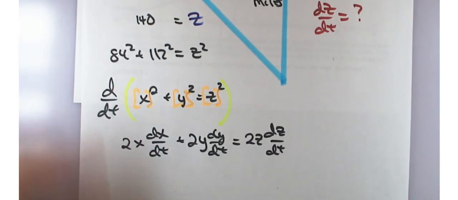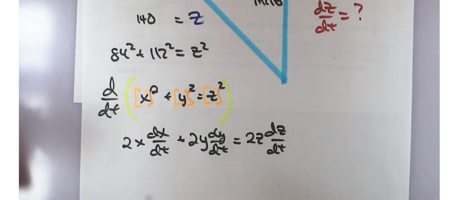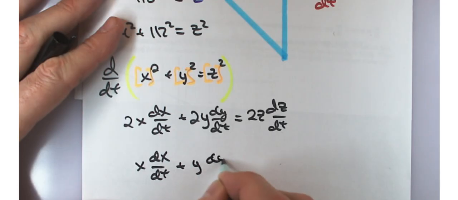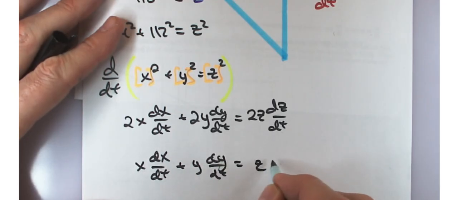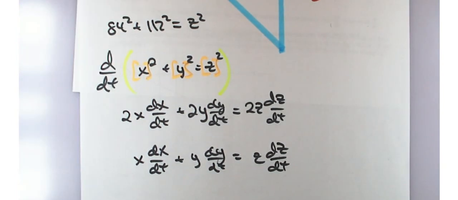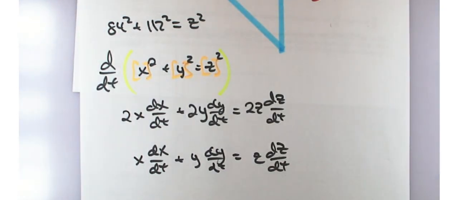And if you want, you can divide out all the 2's. So you're just left with x dx by dt plus y dy by dt equals z dz by dt. But unlike some of our other problems that we did the other day, I think we maybe did one problem like this, none of these are 0, right?